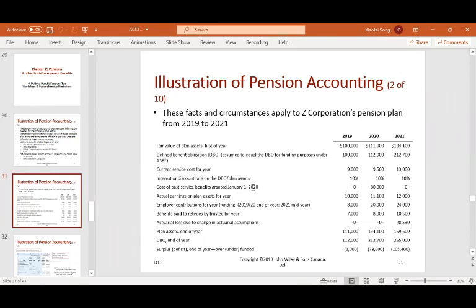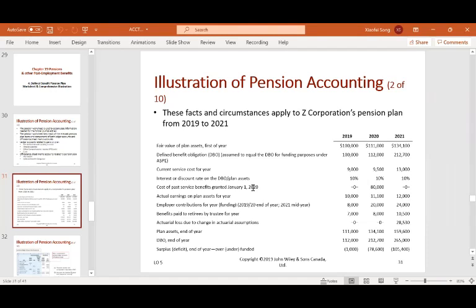Does it matter? It specifically said that this past service cost was granted on January 1st, 2020. When the past service cost is granted, it will be added to the defined benefit obligation. Right now, the company has more obligation.